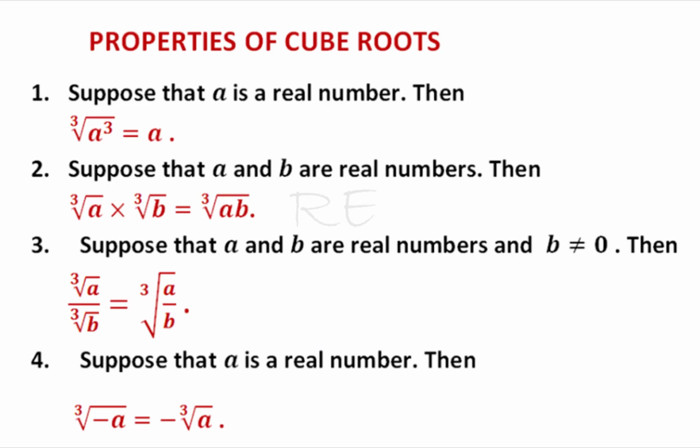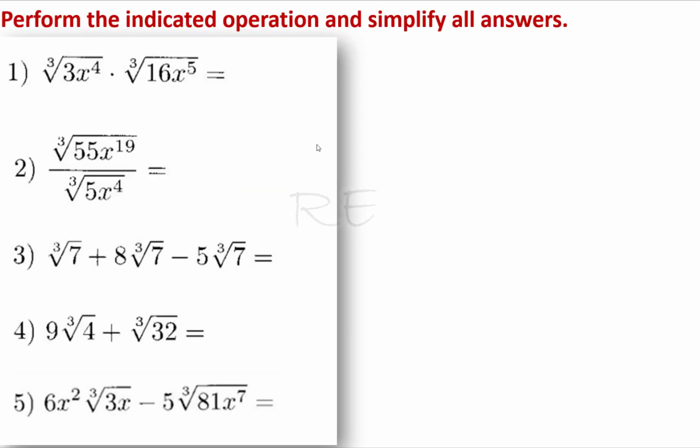Here's an important list of the properties of cube roots. They are similar to the properties of square roots that we've studied before. The techniques for simplification are also similar. First, we put everything together. Cube root of 3 times 16, which is 48, x to the 9th.